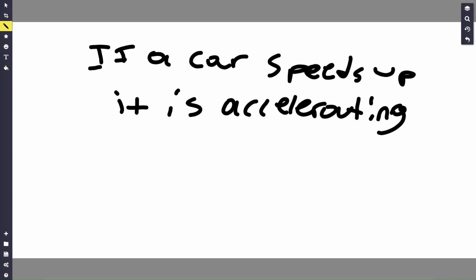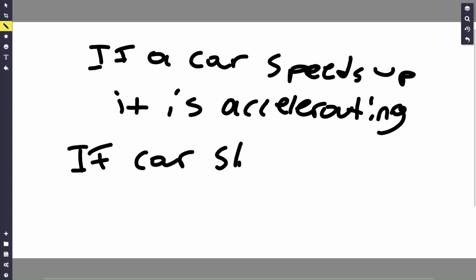This is an example of acceleration. If a car slows, this might be shocking, but it's actually still accelerating.